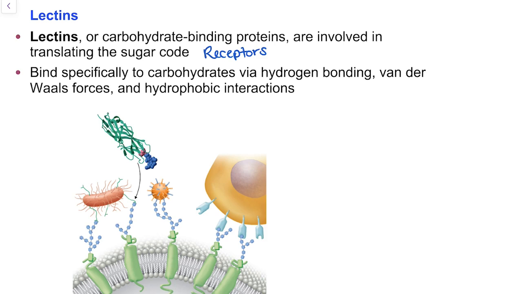So shown below is an E. coli cell, and it has these lectins that are shown in green. So the structure shown here of that lectin protein is going to bind to the carbohydrates from the host cell. Bacteria can do this.